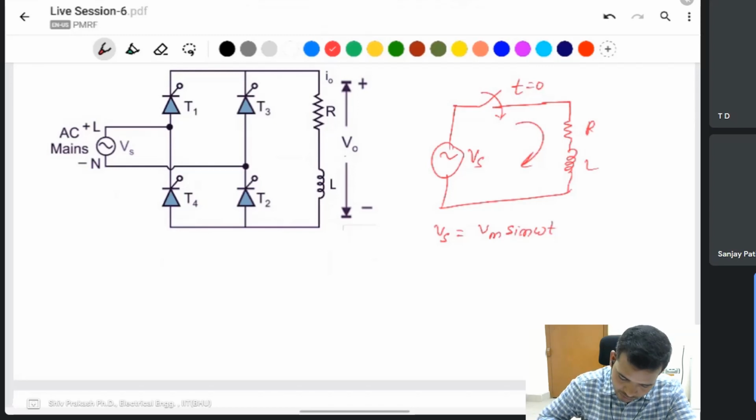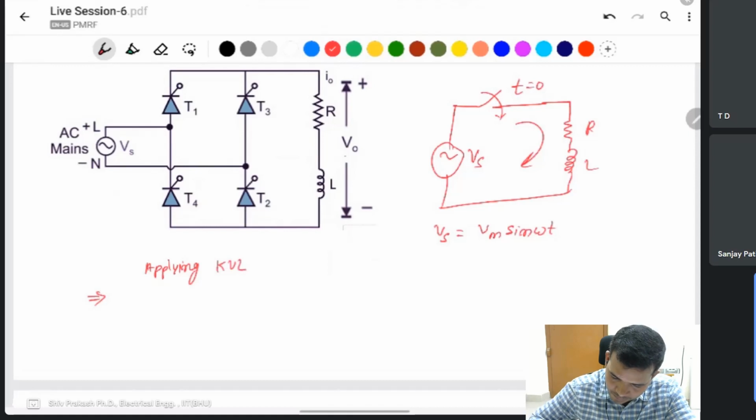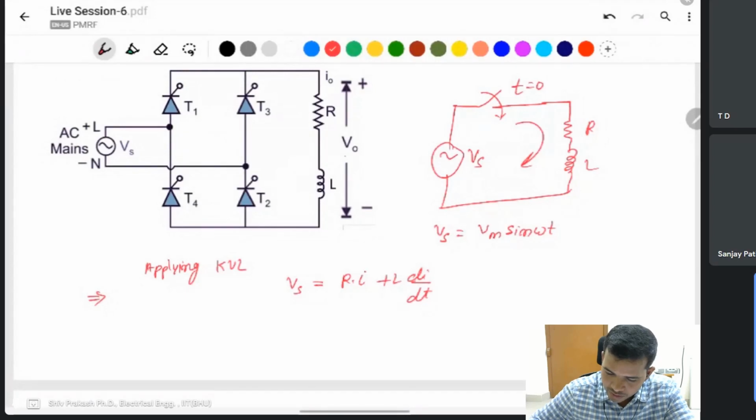Apply KVL. We will find Vs equal to Ri plus L di by dt, the voltage drop across the resistance and inductance.